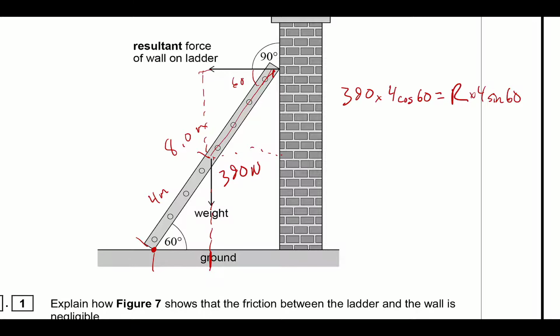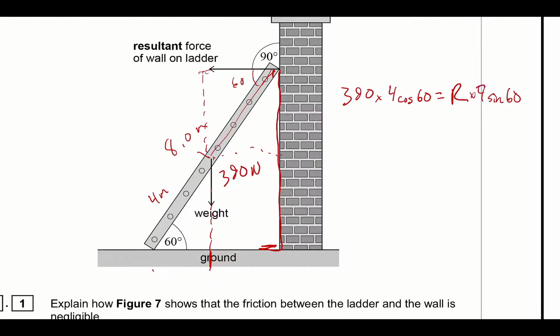Oh no, not 4, 8. What am I doing? So, that was almost a big mistake. I'm taking my moments, so I actually need this length here, because that's the moment arm.